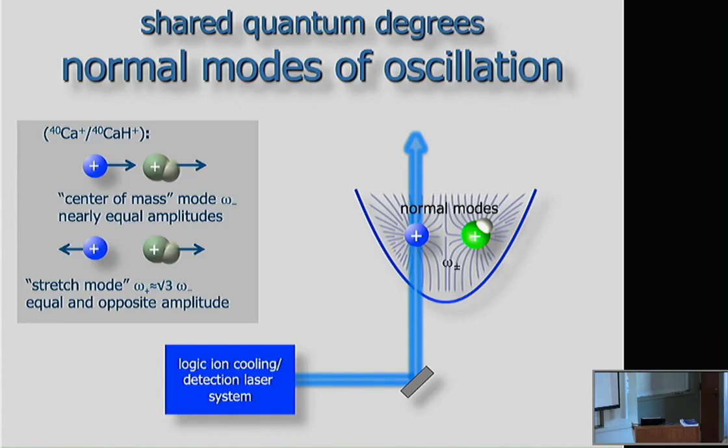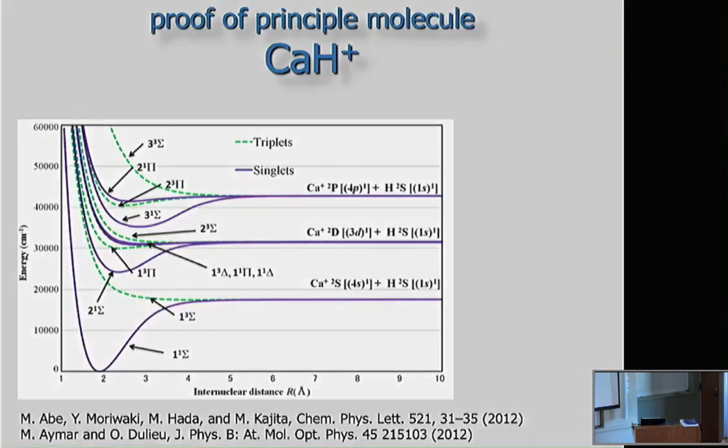And then the stretch mode is pretty close to square root of 3 of that single particle oscillation frequency, but that's just because the masses are very close. If the masses are different, this works out a little differently, but we can still speak of an in-phase mode where the ions move together but with different amplitudes, and an out-of-phase mode where they move apart. And so this works universally, almost universally. The masses can't be too different, but they can be different, and the whole thing would still work more or less.